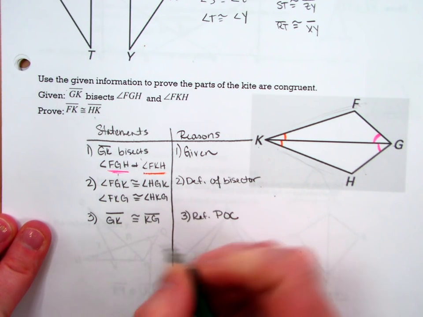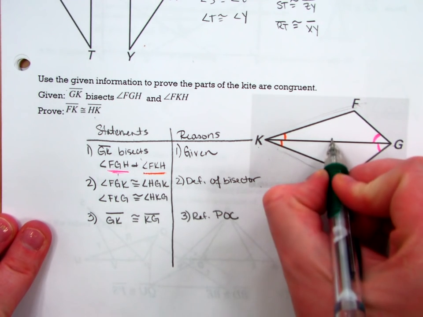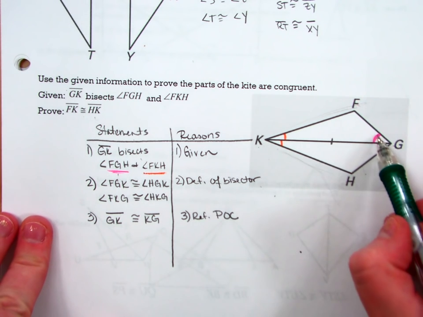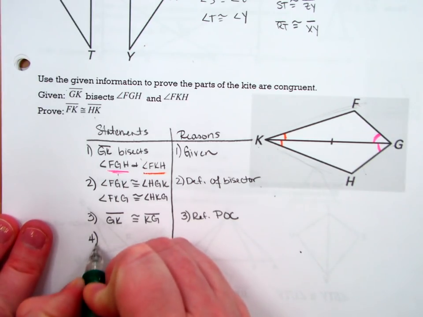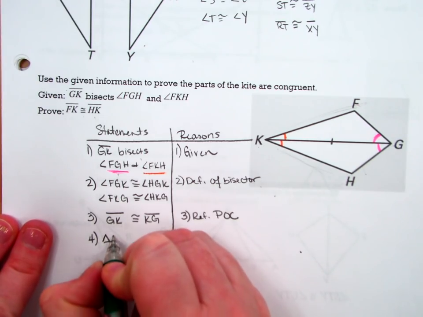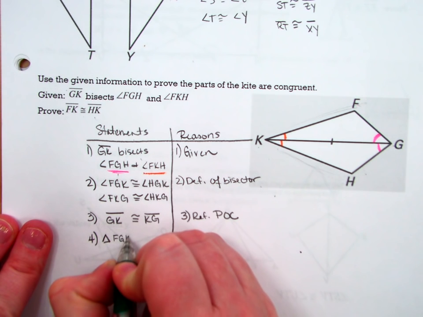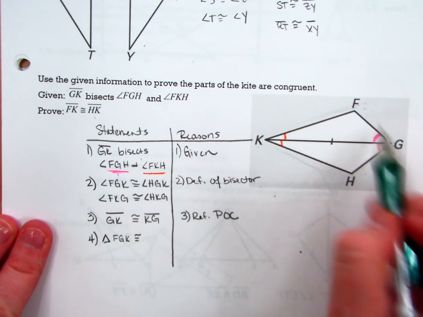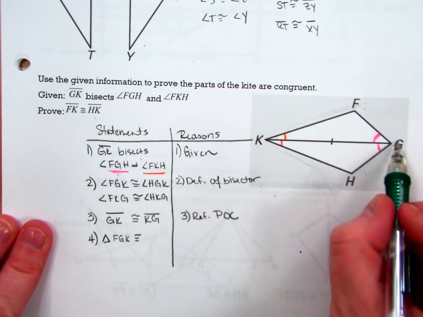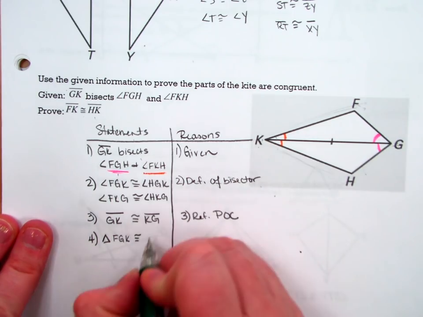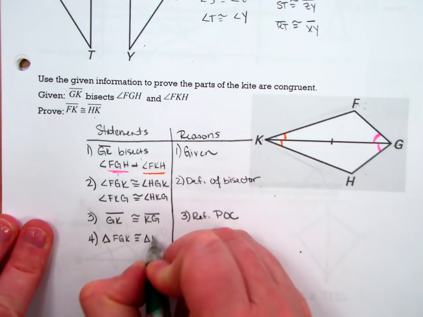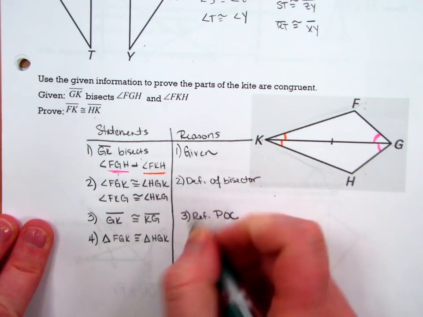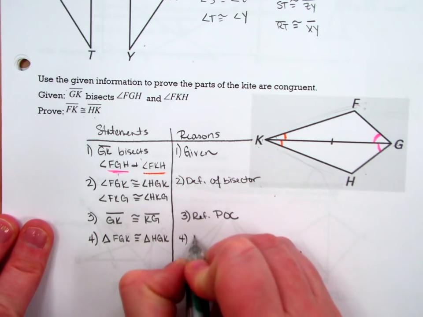And now that I have that, here I have angle, side, angle, so I have triangle FGK is congruent. If I start with F, go G to K, I'm going to have to start with H, go to G, and go to K. And like I said, that reason is angle, side, angle.